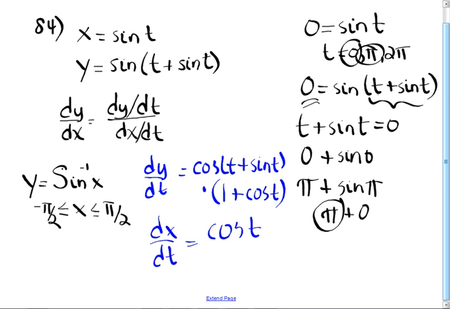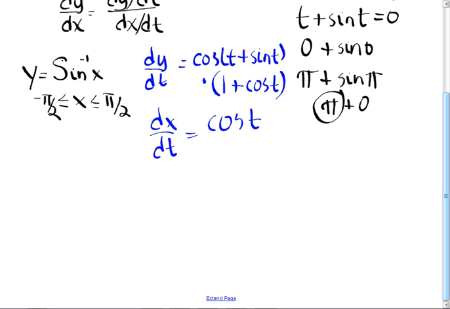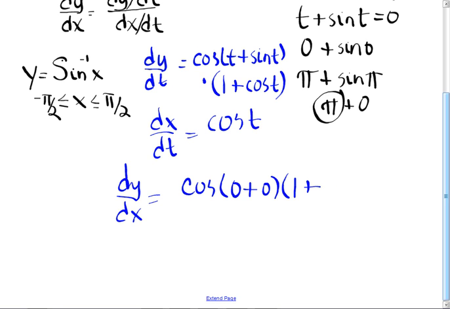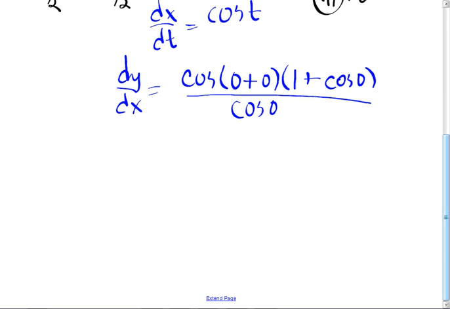Okay, so we're going to do this at t equals 0 for sure. So dy/dx is dy/dt at 0: the cosine of 0 plus 0 times 1 plus the cosine of 0, all over the cosine of 0. This is 1, and then this is 1 plus 1, so it's 2.